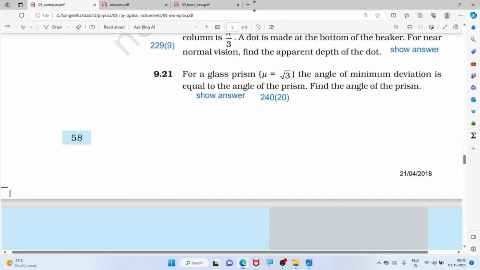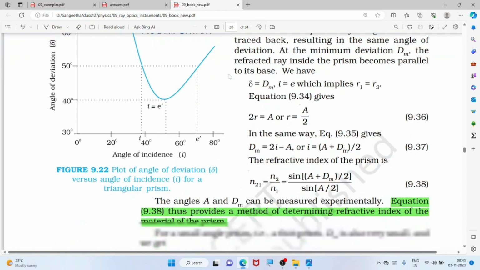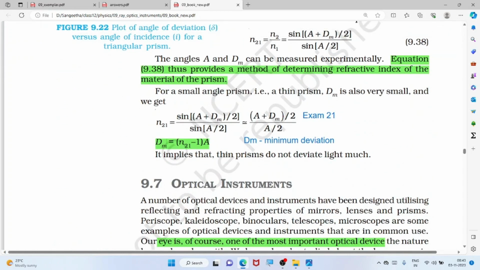For a glass prism, mu, the refractive index, is given, the angle of minimum deviation is equal to the angle of the prism, find the angle of deviation. See, this is the formula, you have to use this formula.